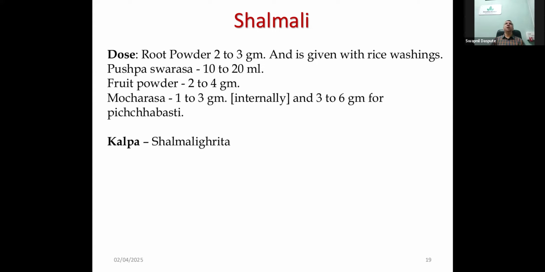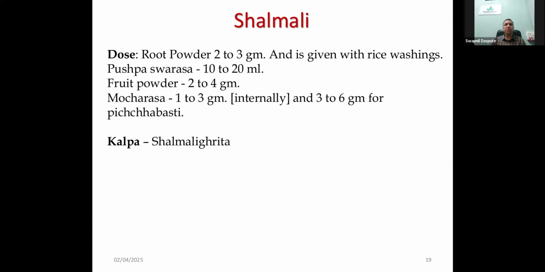Of course, we do see proprietary medicines, and the ganas in which you can find these herbs. People do make ghritas or vati tablet forms, or Mocharasa for that matter is used in anti-dysentery medicine or menorrhagia, Rakta Pradara medicine.